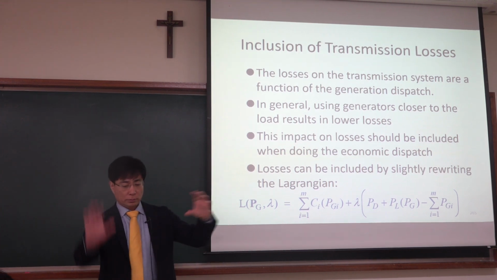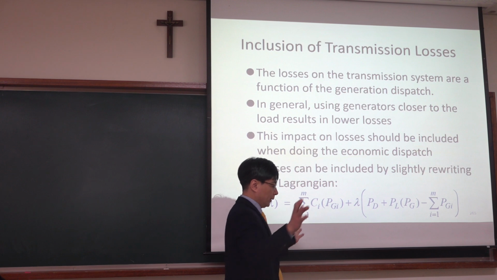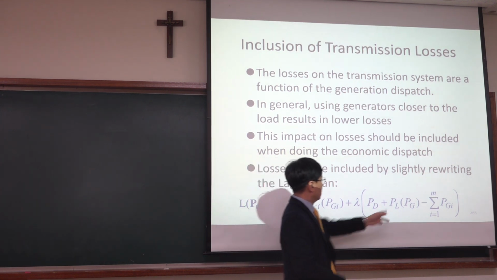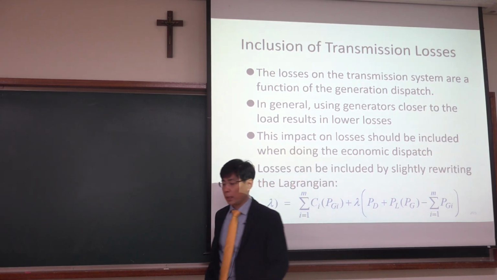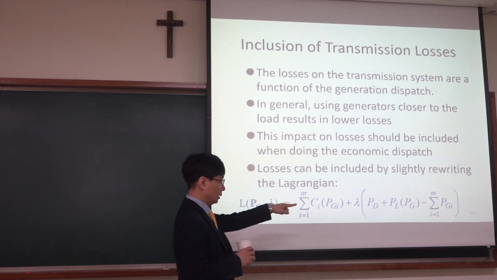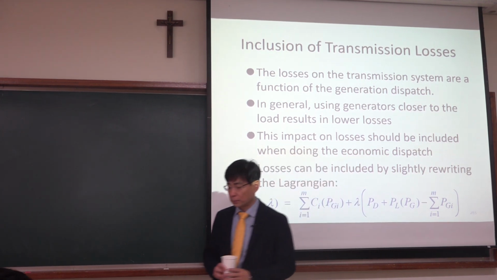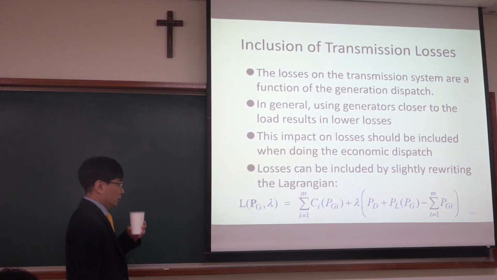When the output of each generator changes, power flow changes, and loss changes. So this loss function is complicated. Anyway, we have this loss function in the constraint. So how can we do this?